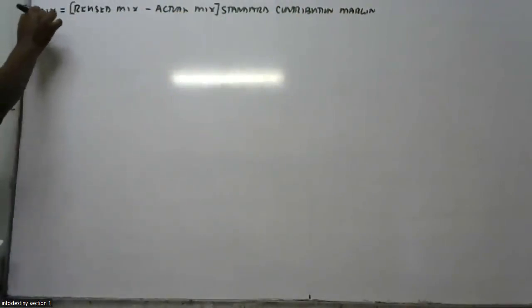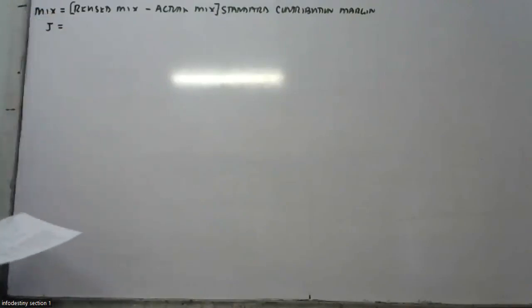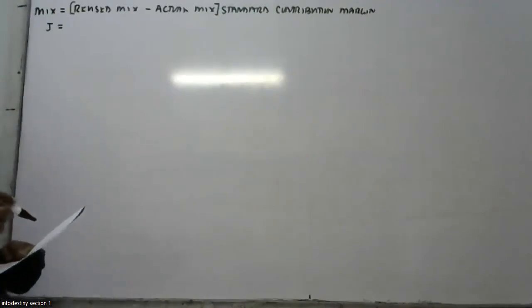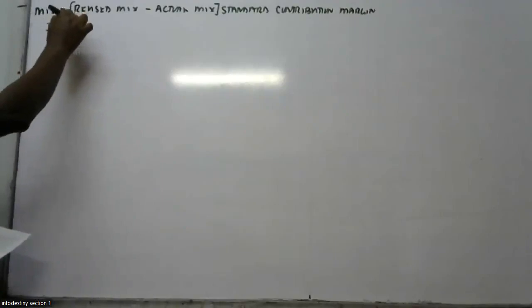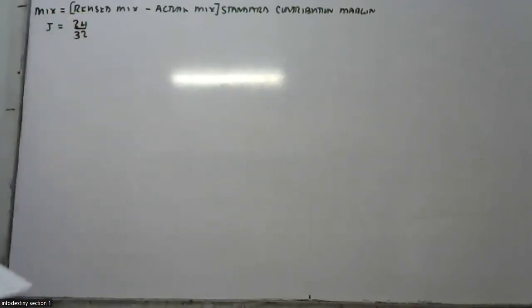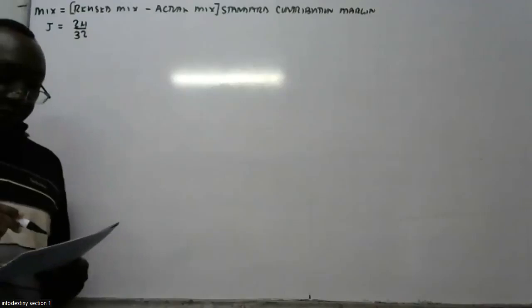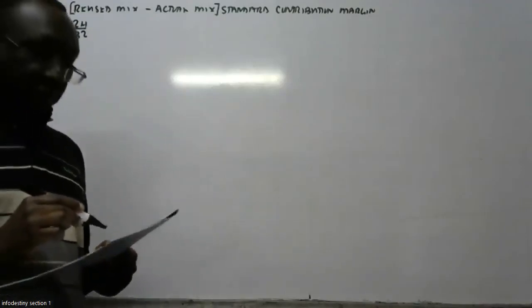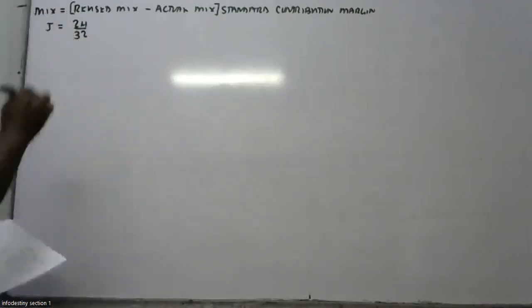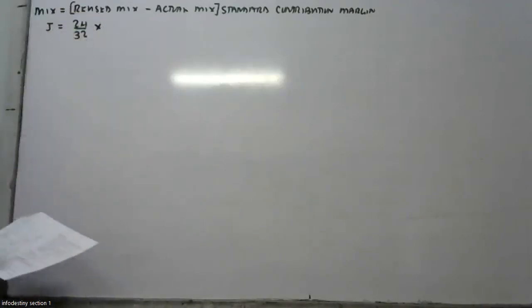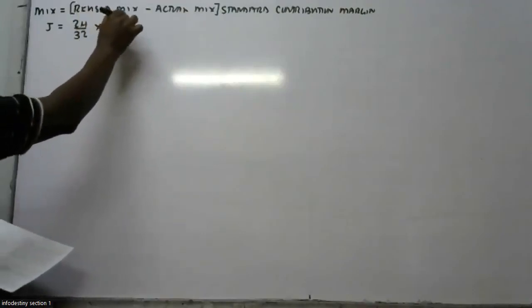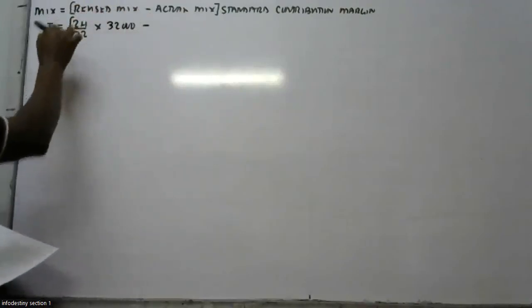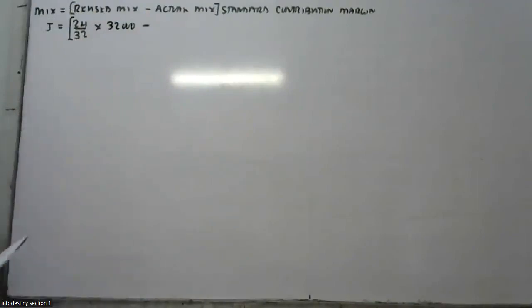So for product J, when you are told to get the revised mix, you say J had 24 in a total of that 2. That is the budget, 24 out of a total of 32, which is 24 plus 8. And here, when you multiply by the actual, coincidentally it also happens to be a total of that 2.